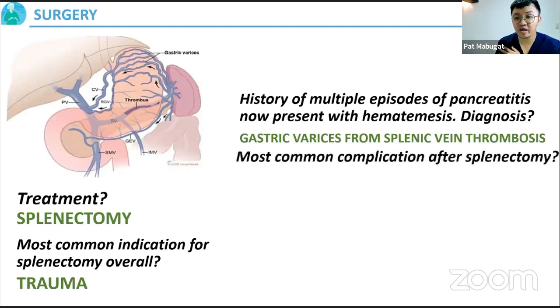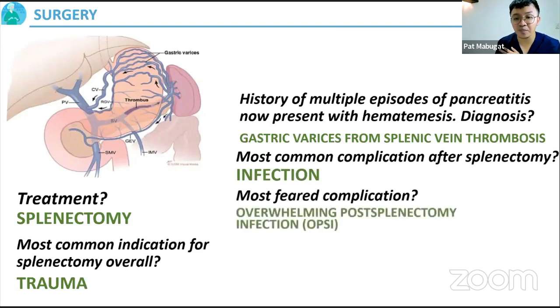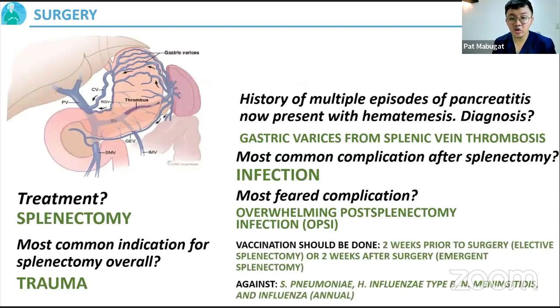What's the most common complication? It's infection. The most feared complication is OPSI, overwhelming post-splenectomy infection, because it can predispose a patient to severe sepsis, which cannot be reversed. To prevent it, you only need to do vaccination.